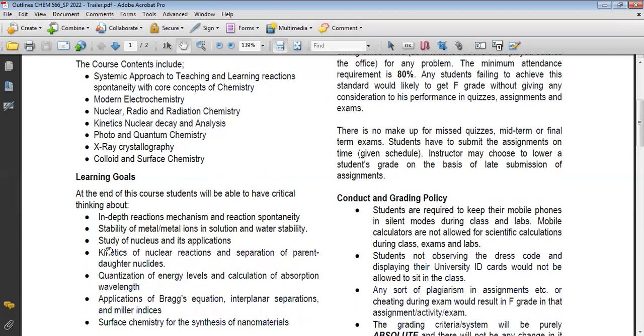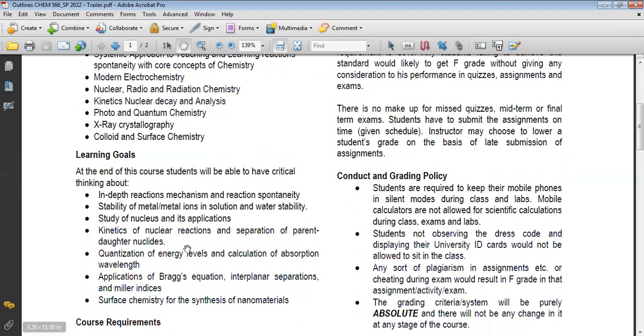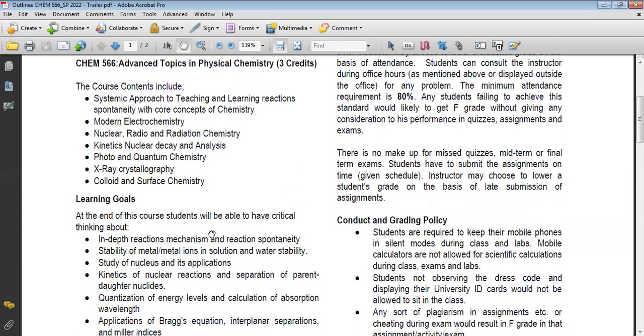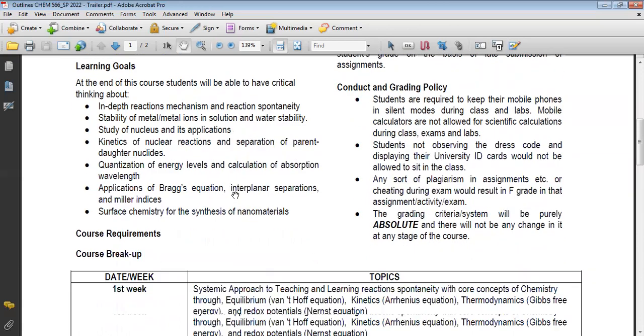The learning objectives are mentioned here. I have prepared this course in a way that it will help you in your research work as well, because in the second, third and fourth semesters you have to opt for research. This is going to help you solve many of the problems related to research work.